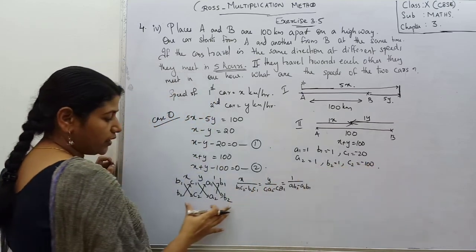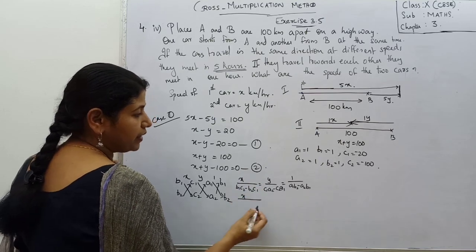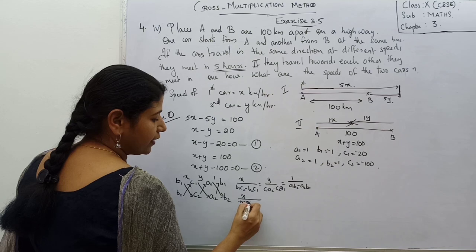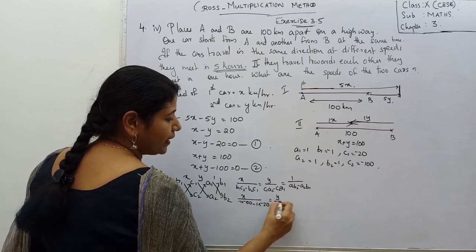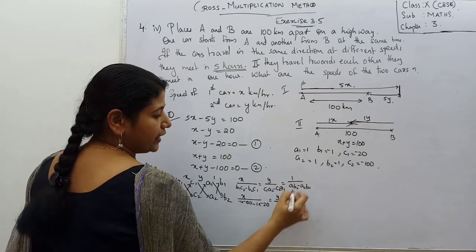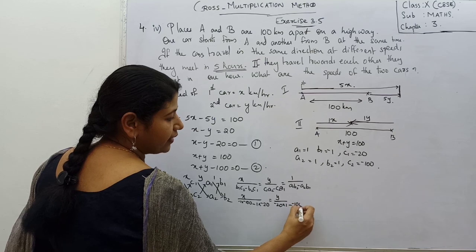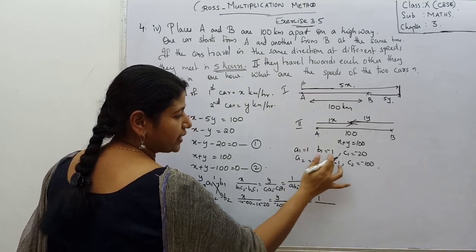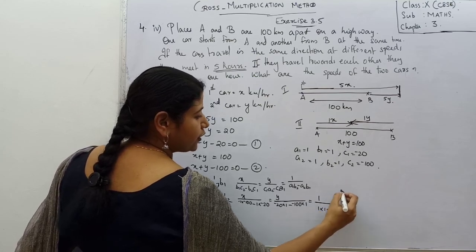So we can substitute all these values in this. We will get x by B1 C2: negative 1 into negative 100 minus 1 into negative 20, equal to y by C1 A2: negative 20 into 1 minus negative 100 into 1, equal to 1 by A1 B2 minus A2 B1: 1 into 1 minus 1 into negative 1.